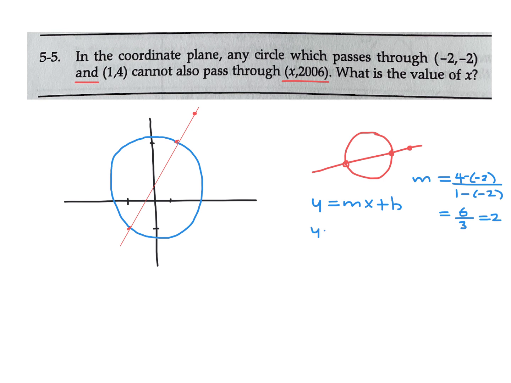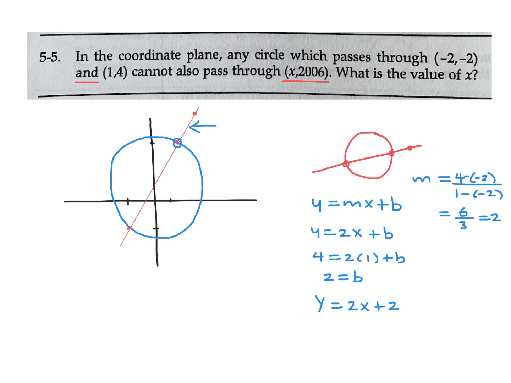And then that means I have y is equal to 2x plus b. And then 4 is equal to 2 times 1 plus b. b would be 2. So therefore the equation is y = 2x + 2. That's the equation of this line here.